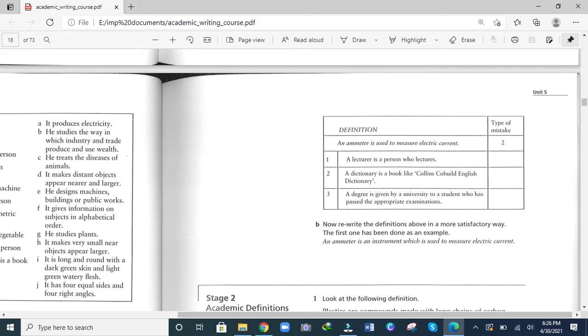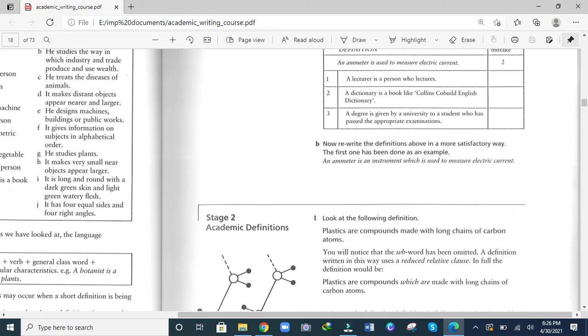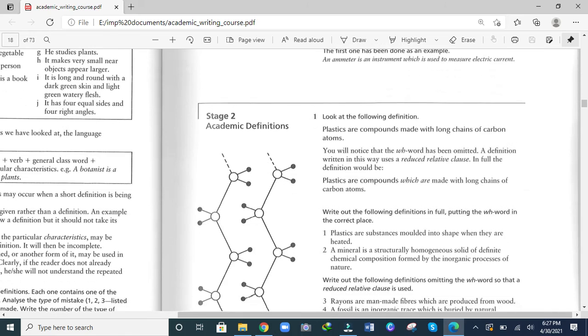Definition, type of mistake. An ammeter is used to measure electrical current. So here you have number 2, that is the mistake. You can read above if understandable. Now rewrite the definition above in a more satisfactory way. The first one has been done as an example. An ammeter is an instrument which is used to measure electric current.